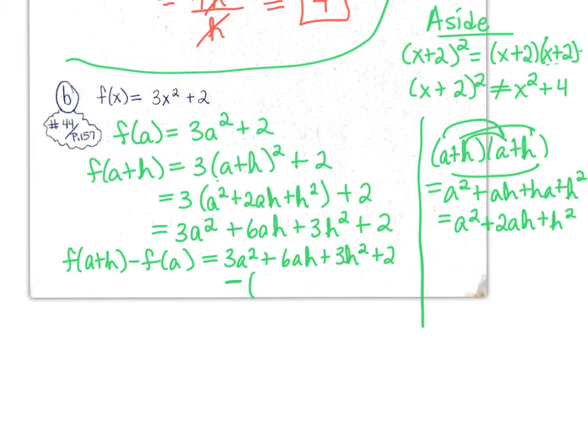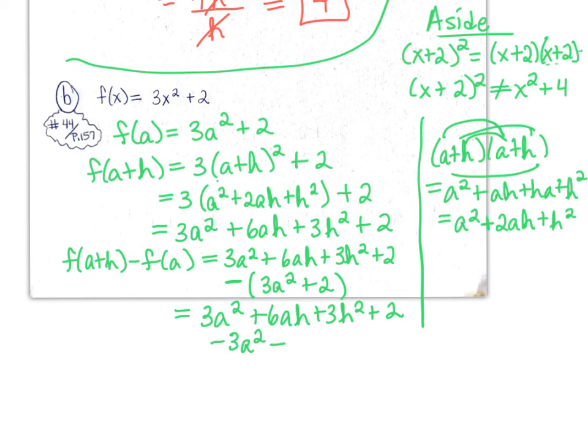So that's minus the quantity 3a squared plus 2. So that's equal to 3a squared plus 6ah plus 3h squared plus 2, minus 3a squared, plus 2.